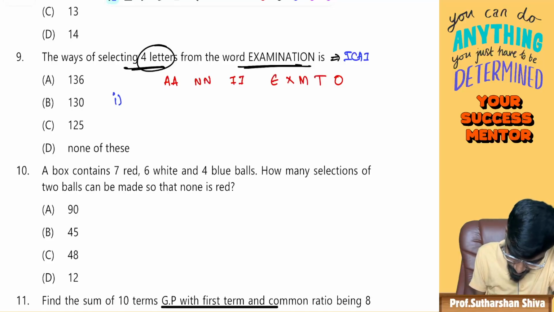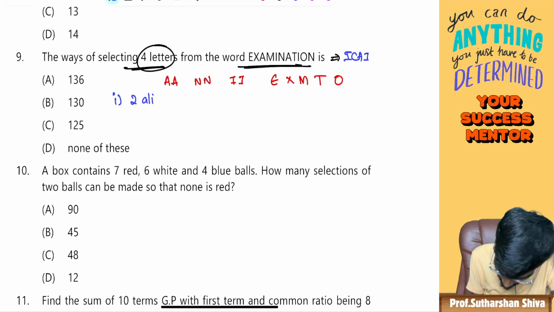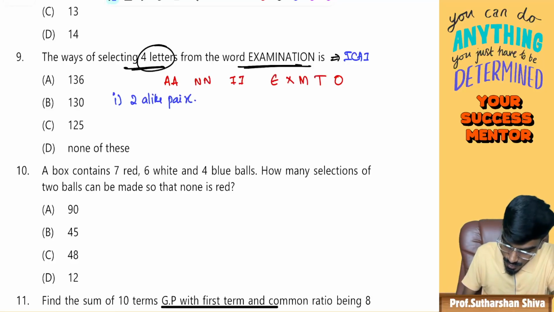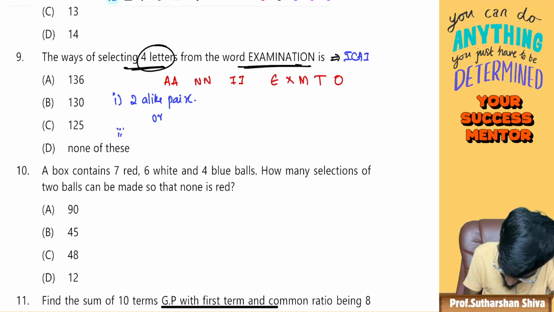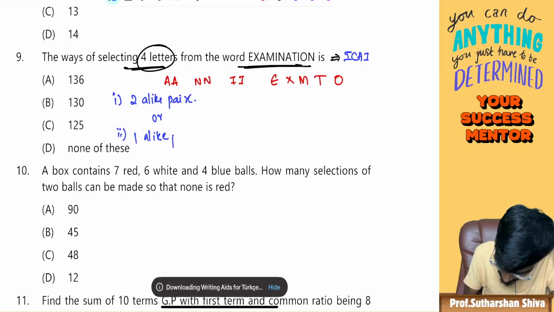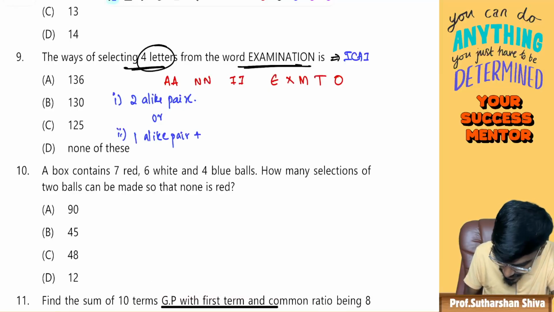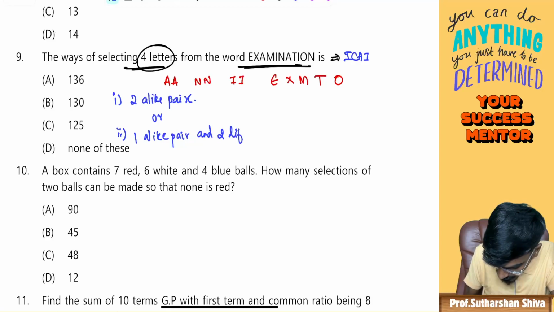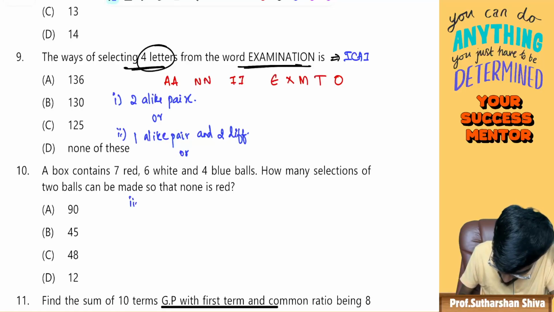First case, it can be two alike pairs. In my second case, one alike pair plus two different letters, or number 3, all four are different.